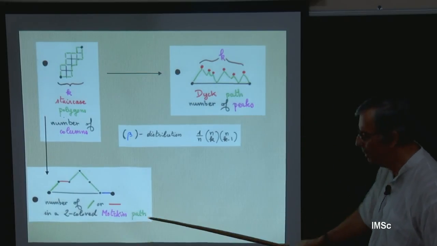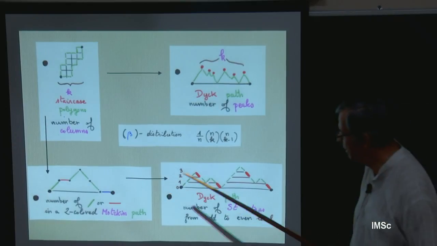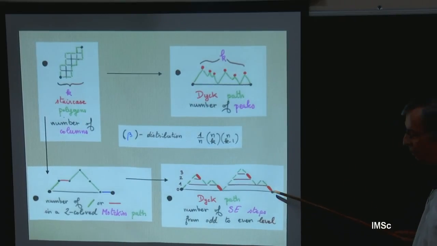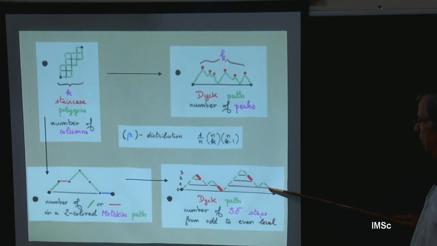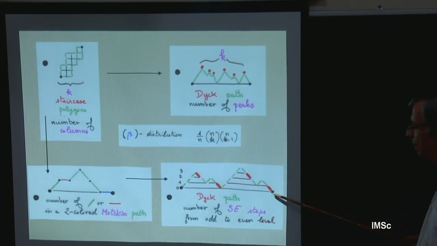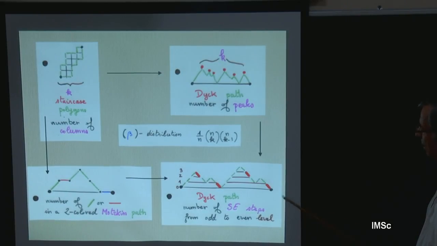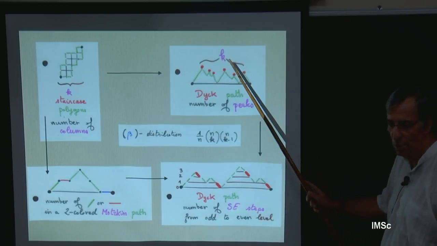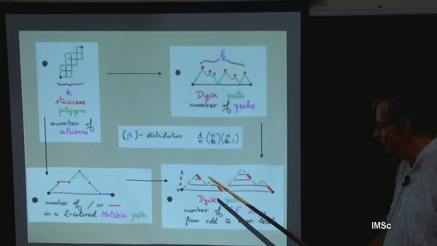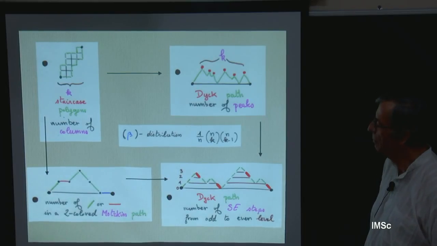Now the 2-column Motzkin path, we transform this into a Dyck path. And now the beta distribution becomes the number of edges in red, which are going from an odd level to an even level. So here, you see, you have 5 such, and so there is a bijection. So the distribution of Dyck paths according to the number of peaks is the same distribution of Dyck paths according to the number of times you go down from an odd level to an even level.